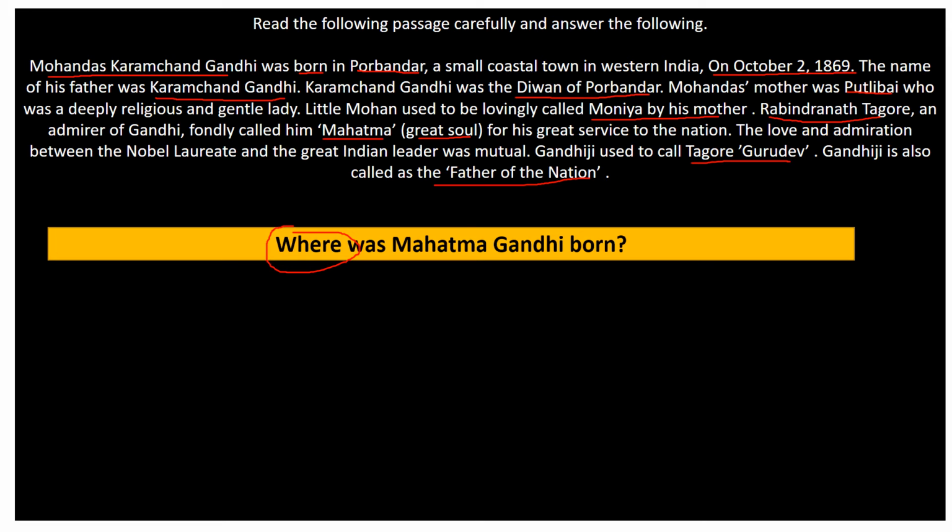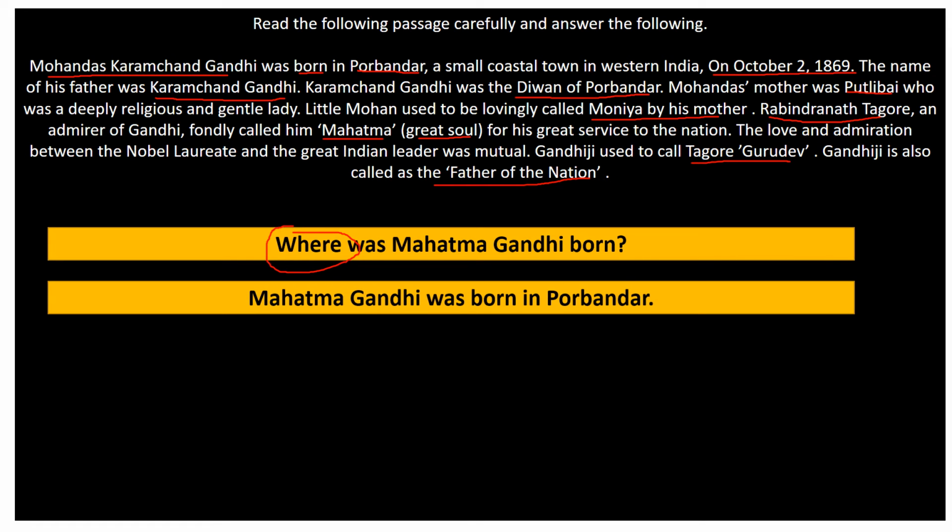But here it is where was Mahatma Gandhi born. So we need to write our answer in a complete sentence. Mahatma Gandhi was born in Porbandar, a small coastal town in western India. This is your wish whether you want to write this or not. If you are writing in Porbandar, that is correct.